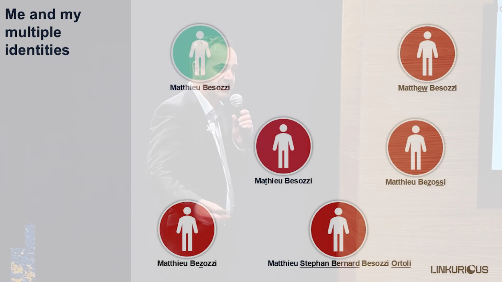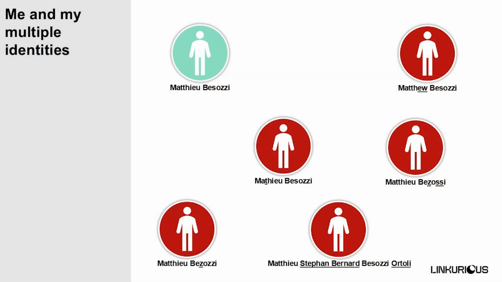And sometimes they just forget there are S's, so I just have D's. And my favorite name is actually my name on my passport. Because in France, we don't have middle names. We have 3 first names. This is my full name. So these 5 people are actually the same person.